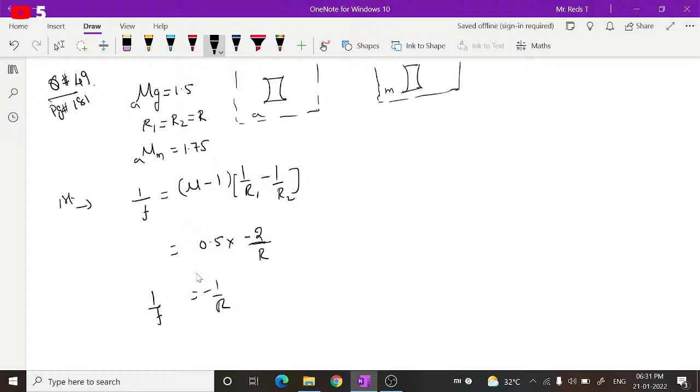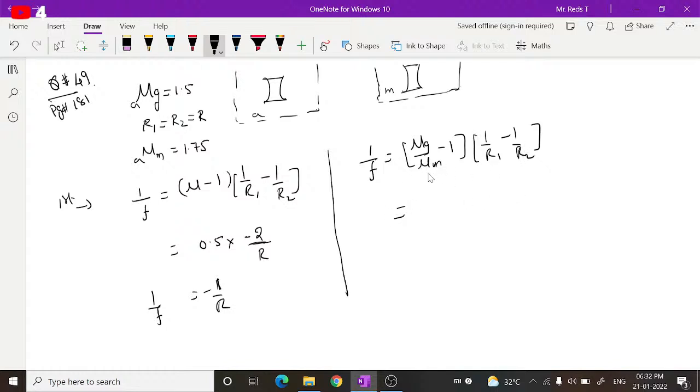Whereas when it is immersed in a liquid, what kind of lens does it act like? When it is in air, the focal length is negative, so it acts like a diverging lens. But when it is in a medium, 1 by f is equal to mu of glass by mu of medium minus 1, into 1 by R1 minus 1 by R2, which is minus 2 by R only.